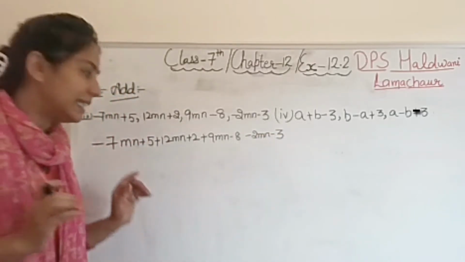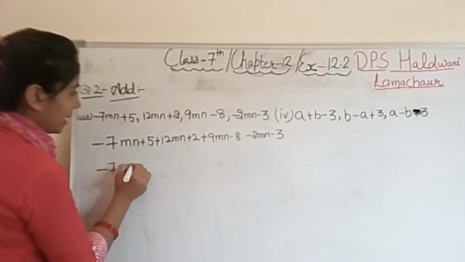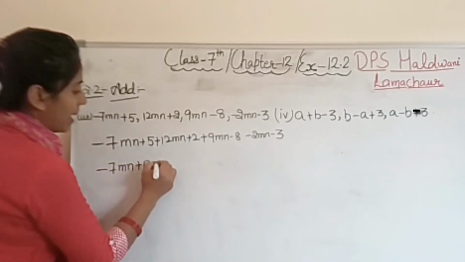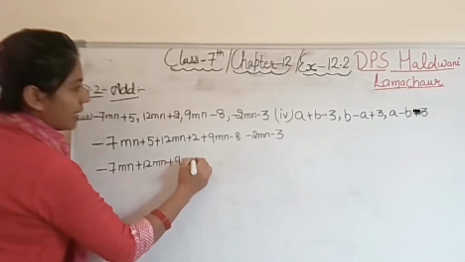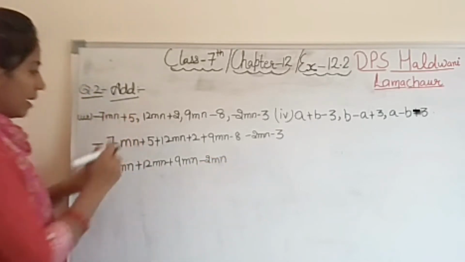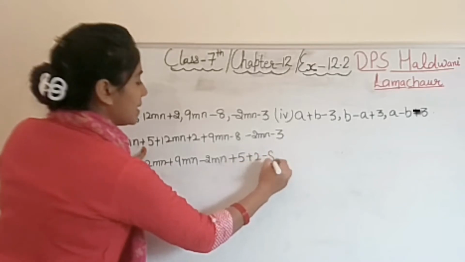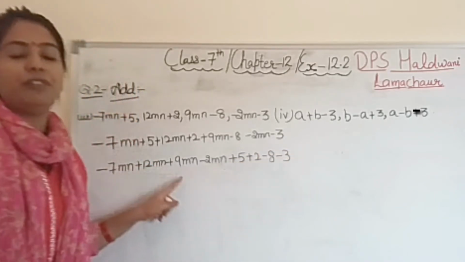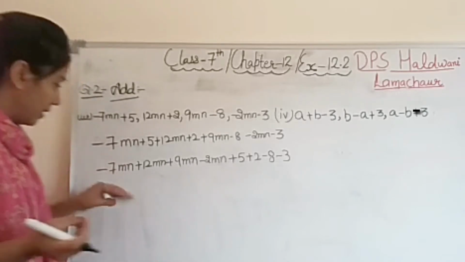Now pair up the like terms. Mn. So it's 7mn plus 12mn plus 9mn minus 2mn. Like terms, what remains? Plus 5 plus 2 minus 8 minus 3. So it will be easy for you, right? Now start to solve.